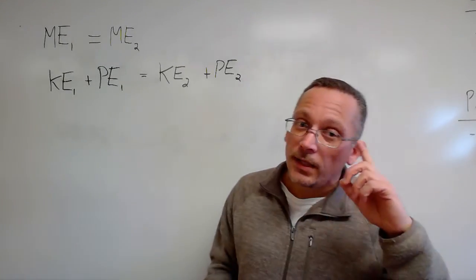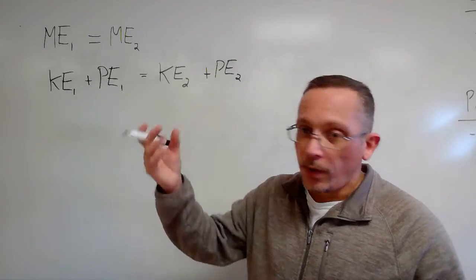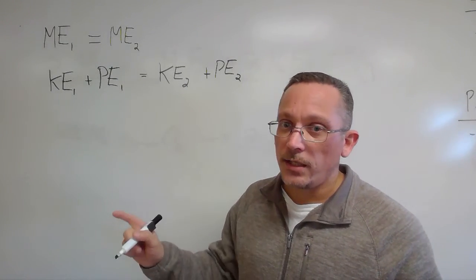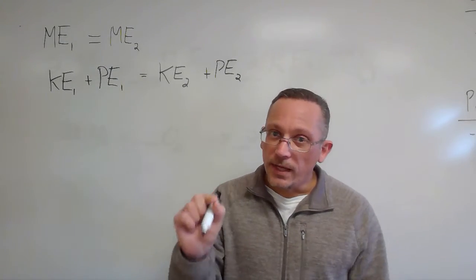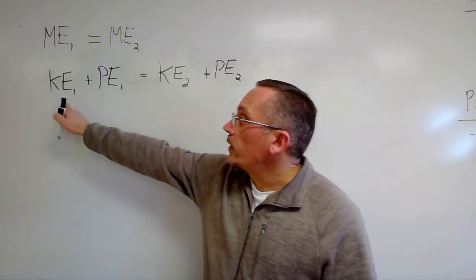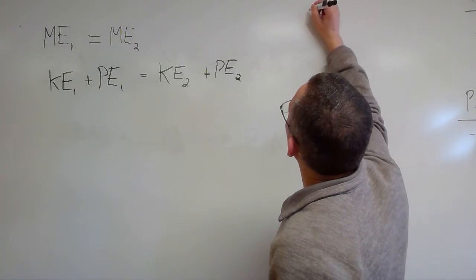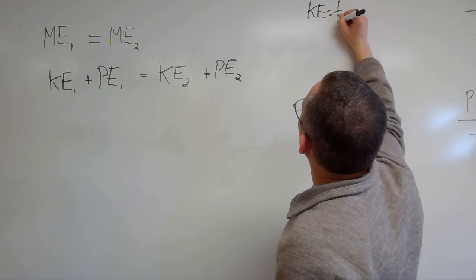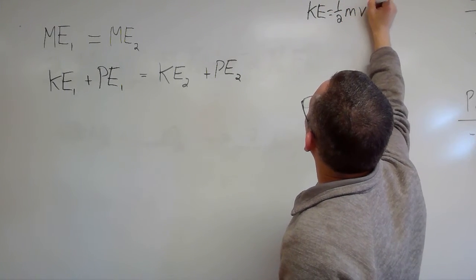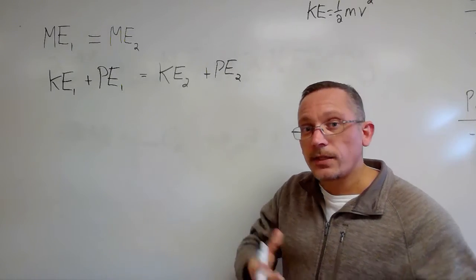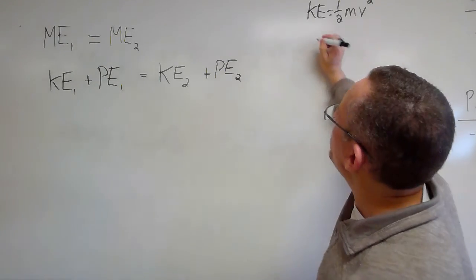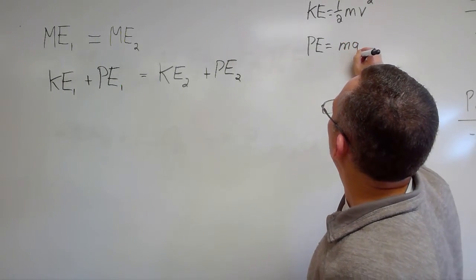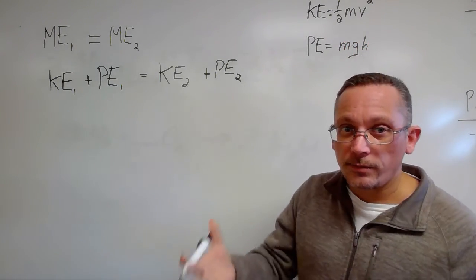Let's keep in mind that as an object like a ball falls or is thrown up in the air, its mass doesn't change, but its height and its velocity do. So kinetic energy, if you recall, is 1/2 times mass times velocity squared, and potential energy is mass times g times height.